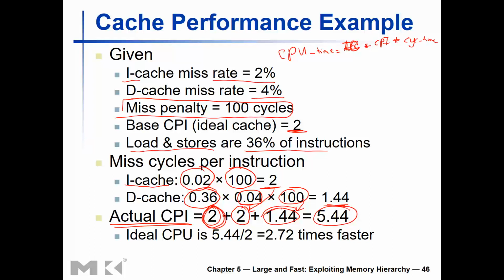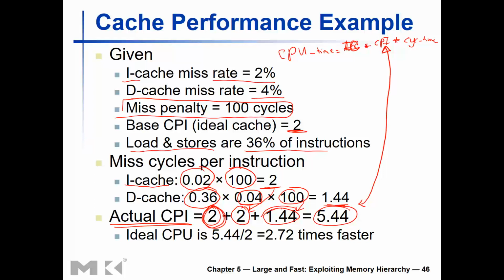So what he wants to do here is understand the effect on this base CPI. He's not asking me to compute the complete number of stall cycles. He's not asking me to compute the total CPU time.